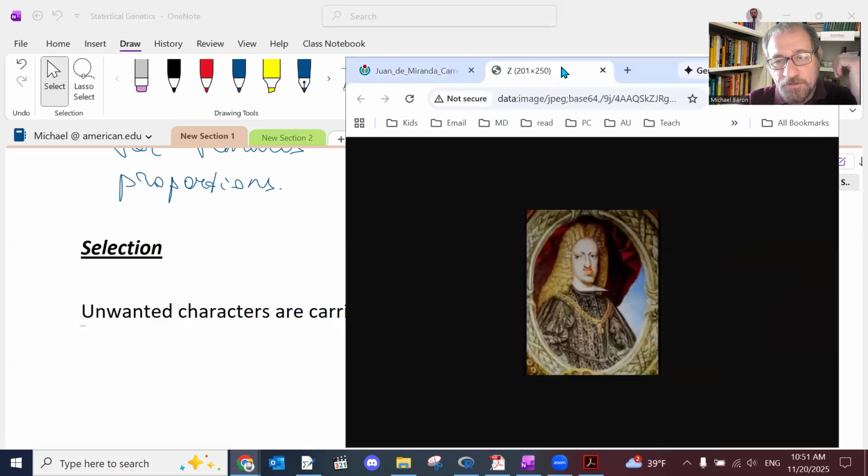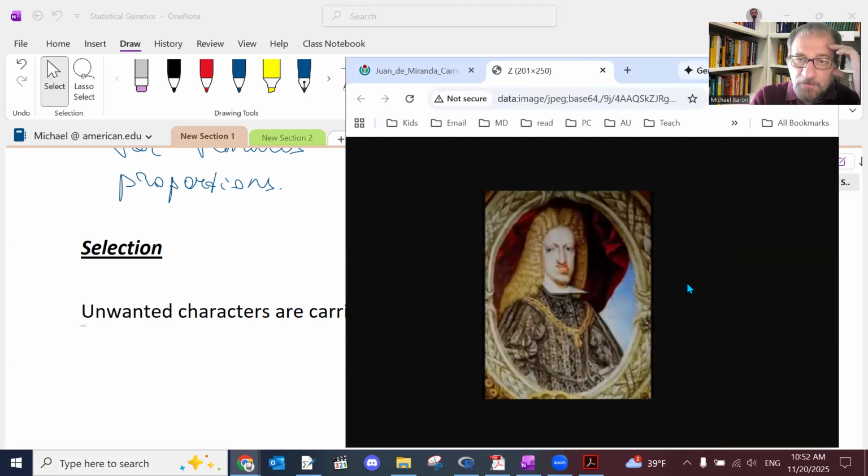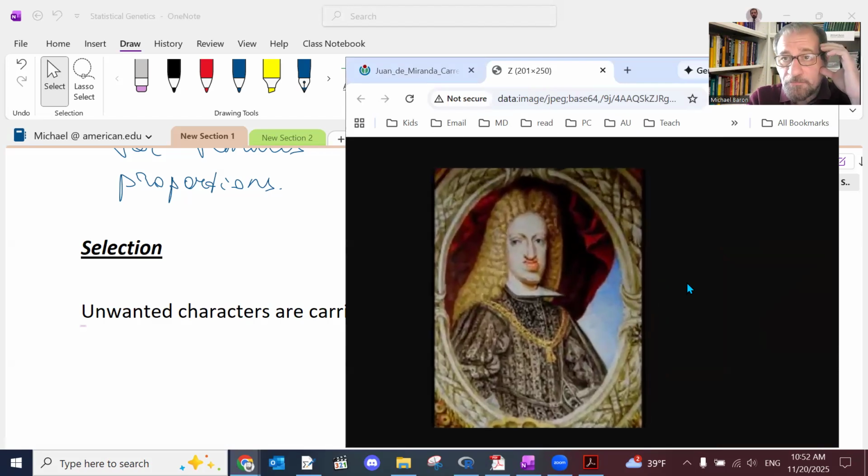Maybe this portrait of the same king will tell you better. People who knew him wrote that it was difficult to watch. His mouth was not closing, fluids were dripping, and he died at a young age. Of course, people didn't know genetics at that time.